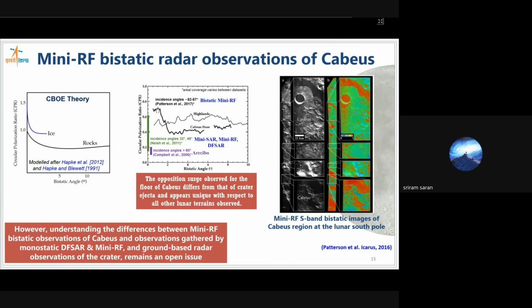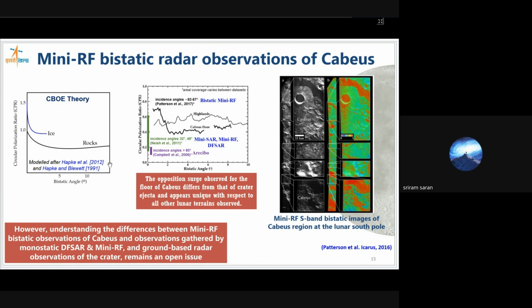So this showed a kind of opposition surge, which matches the theoretical predictions of water ice from the Cabeus crater floor. But several questions remain in this interpretation because the same observations carried out from the ground as well as from spacecraft do not show such opposition surges at zero bistatic angle.